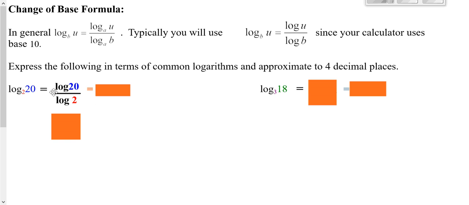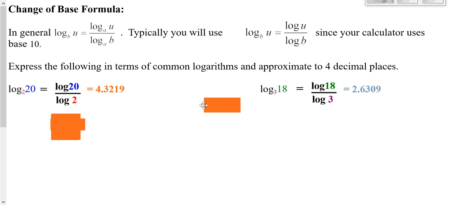And so you type in log 20, close your parenthesis in the log, hit divide, then go log of 2 on your calculator, and then you could type or work it out and get this as your decimal approximation. Similarly over here, we would go log of the 18, normal log, log base 10, over the log of your base, which would be log of 3. Type that in, log 18, close your parenthesis, divide, and log of 3.